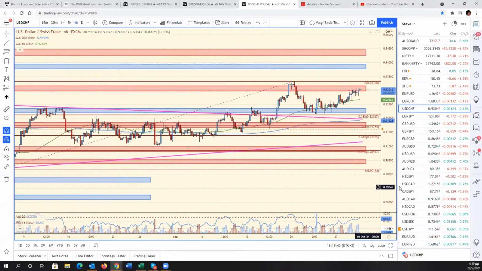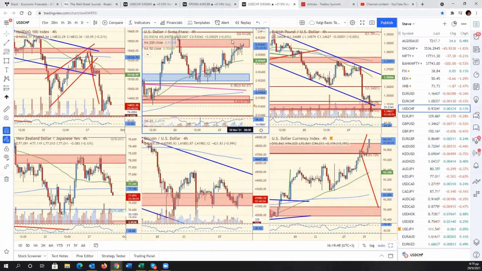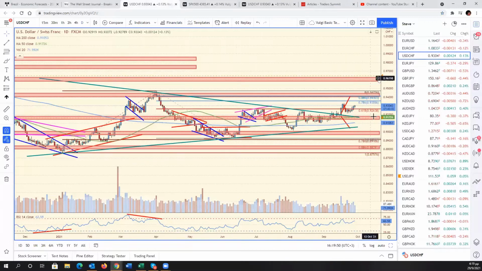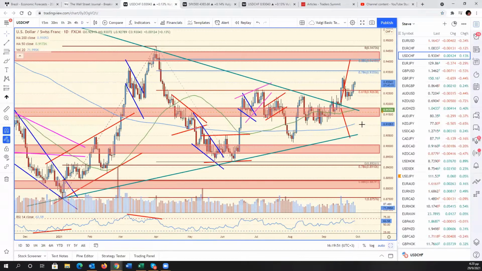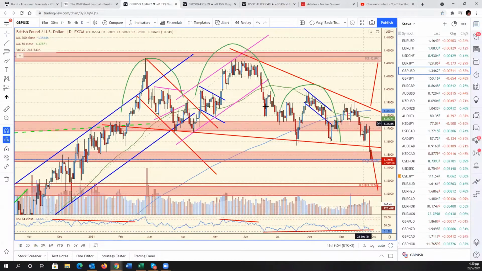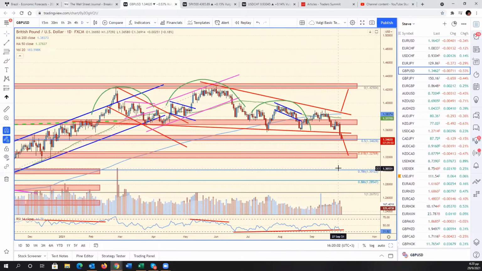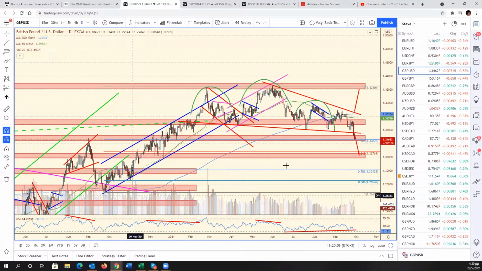Now, going to the cable, we talked about the cable yesterday because it was one of the markets I was focusing on due to this formation. You can see this descending triangle there. So we've cleanly broken through it, and we're currently testing the 50% fib, right, of this last move higher.